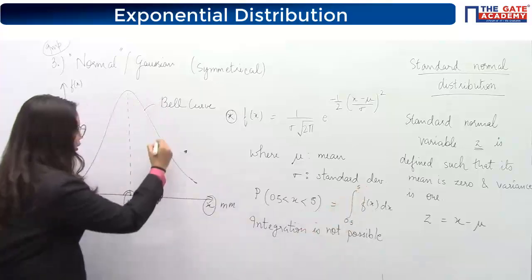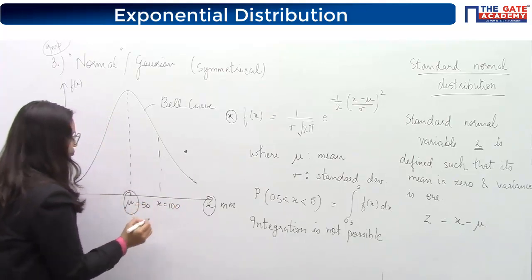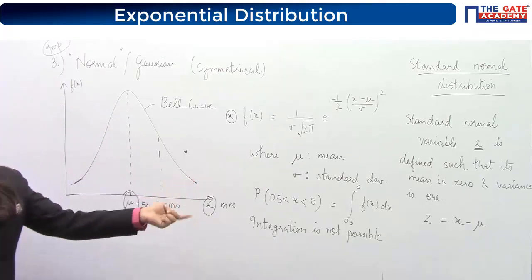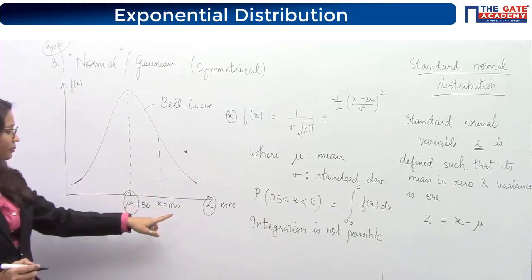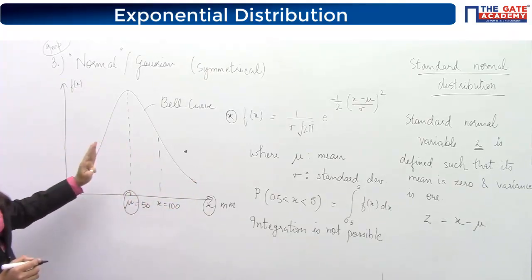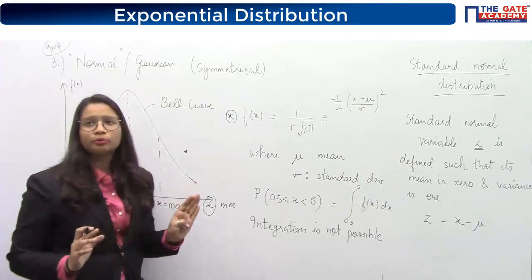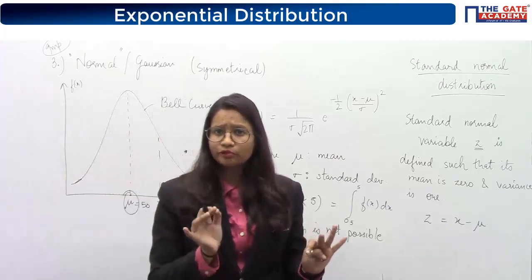Let's say this particular x is 100, and mu was 50. To make z's mean 0, I'll just subtract 100 minus 50. What will happen? This whole graph will be shifted so that the mean comes out to be 0. Are you able to follow?